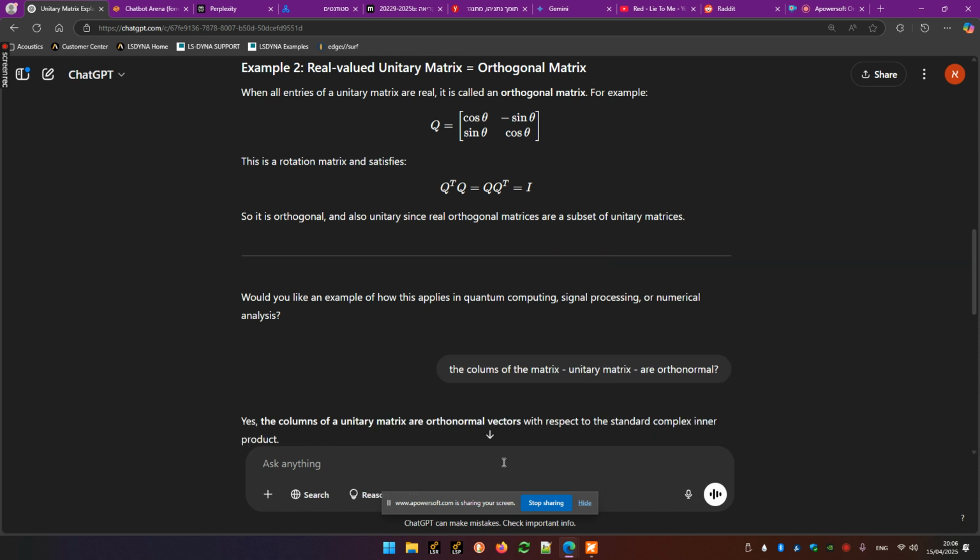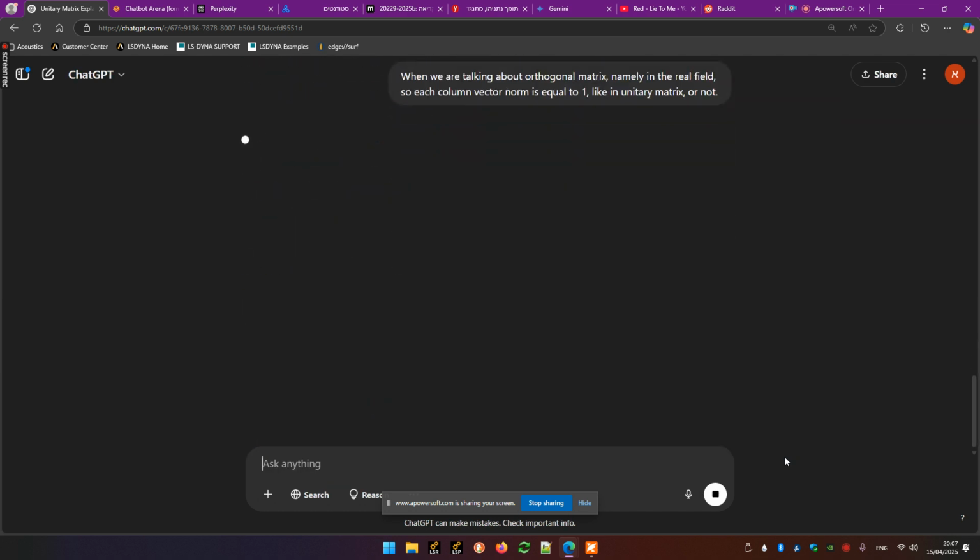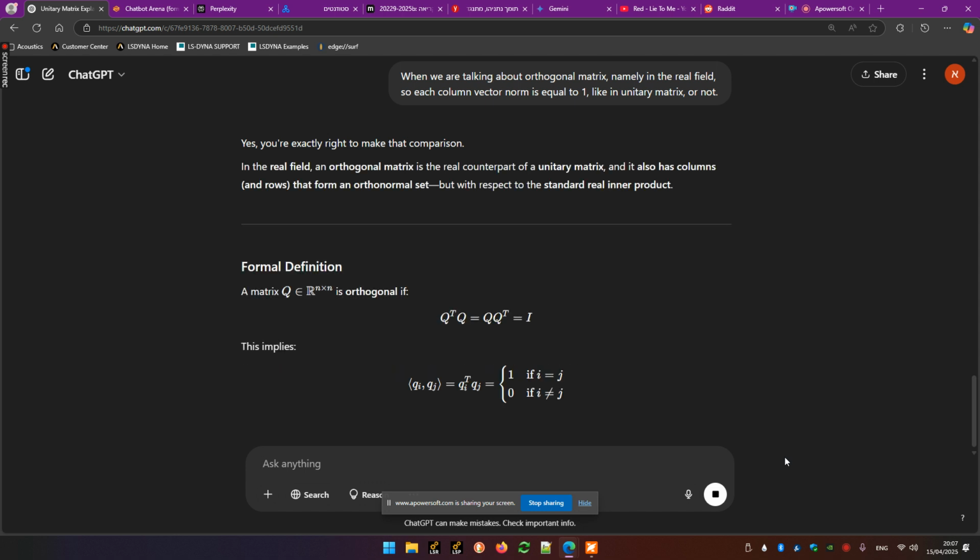Now, when we are talking about an orthogonal matrix, namely in the real field, I ask whether each column vector's norm is still equal to 1, like in a unitary matrix, and it tells me that the answer is yes.